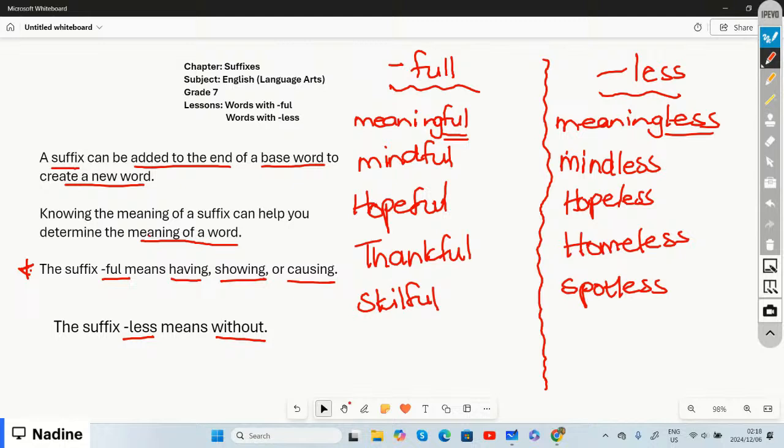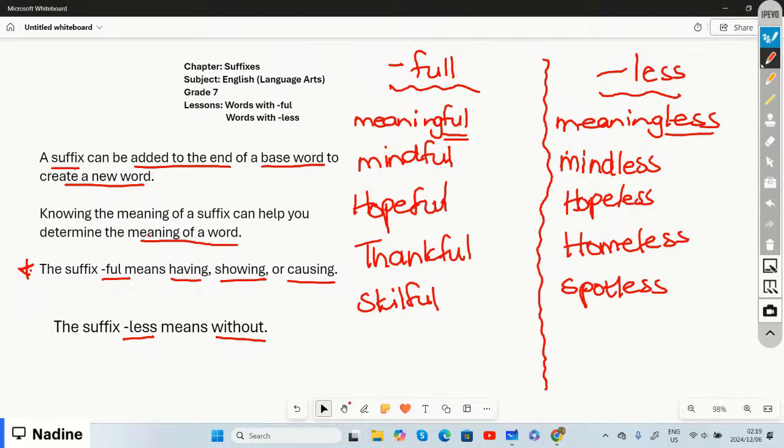But you are full of that. You are showing lots of that. So this is but a few examples of suffixes with full and suffixes with less.